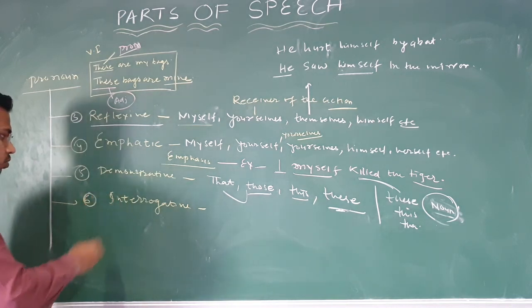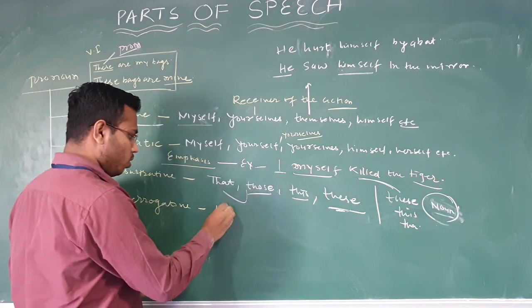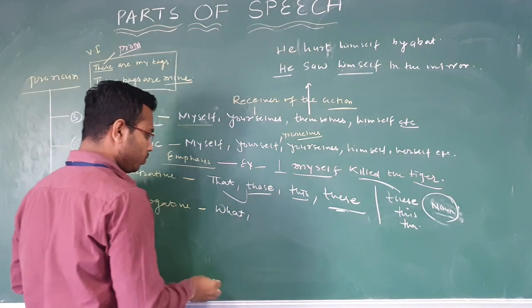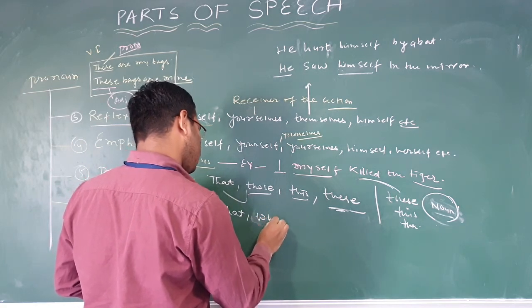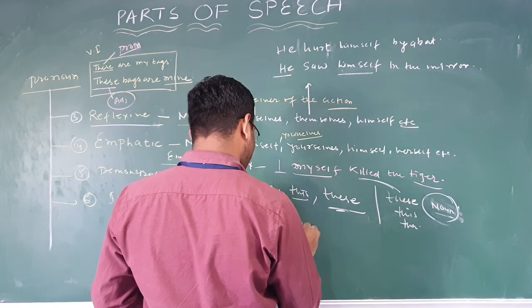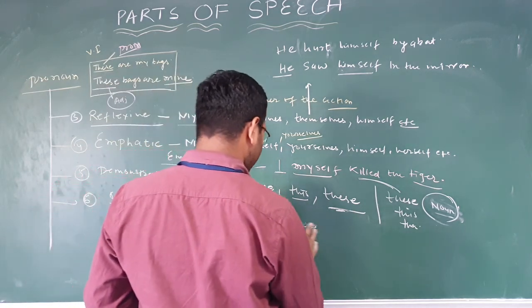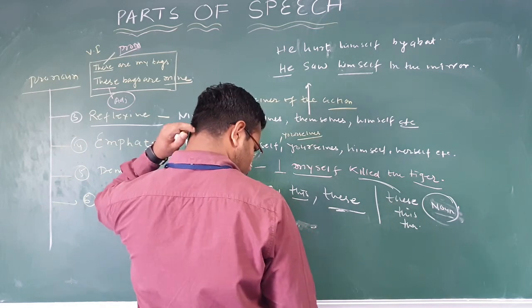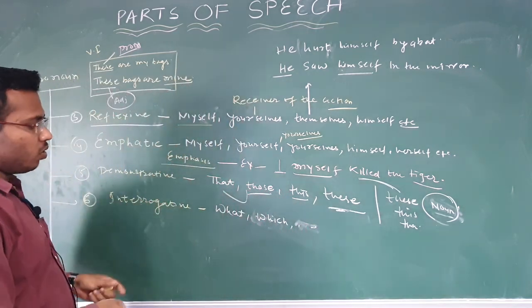So we have demonstrative, and then we have interrogative. For example, if we question something, we inquire: what, which, how, when. Actually, in interrogative there is also some confusion.